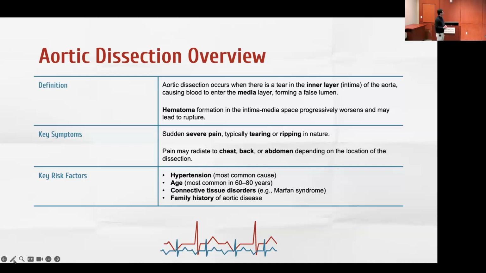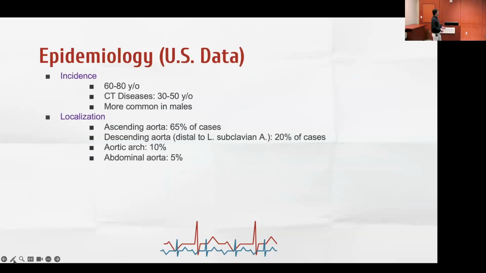Key risk factors: one that I would take away from this discussion today is that 70% of patients who present with dissection have hypertension, so we want to be aware of that.